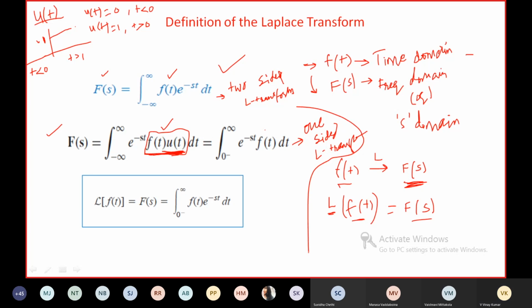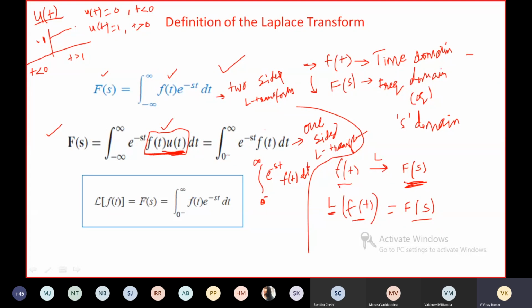One-sided means integration from 0 to infinity e power minus st f of t dt. This is the one-sided Laplace transform. But here, instead of having 0 as lower limit, let me have 0 minus as lower limit.